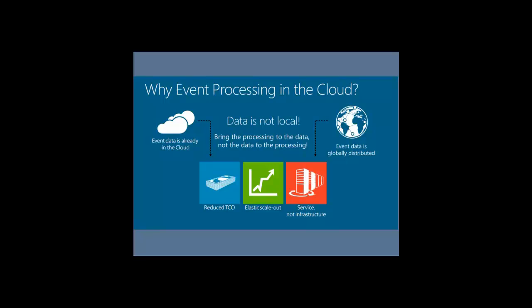So the data I want to aggregate across these geographically distributed sources already has to travel over the network, whether it's traveling to a central cloud service to be processed or to an on-premise deployment. Doesn't really make a difference for the data sources, right? So what both of these have in common is the data is not local, right? And that justifies our paradigm here. What we want to convey is bring the processing to the data, not the data to the processing.